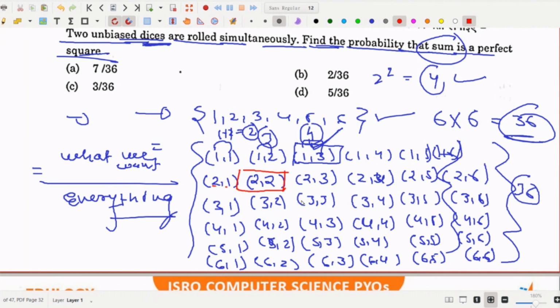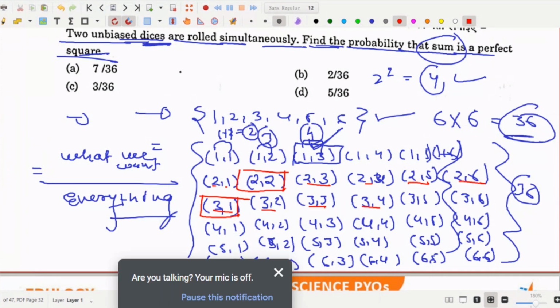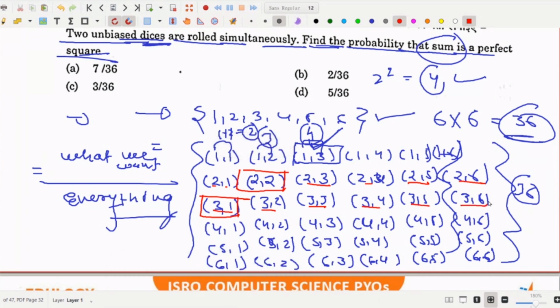Yes, 4 is a perfect square of 2. 5 not, 6 not, 7 not, 8 not. 4, this is again a perfect square. 5, 6, 7, 8, 9. 9 again a perfect square of 3. 5 not, 6 not, 7 not, 8 not. 5 plus 4, 9. Again, this is the perfect square of 3.